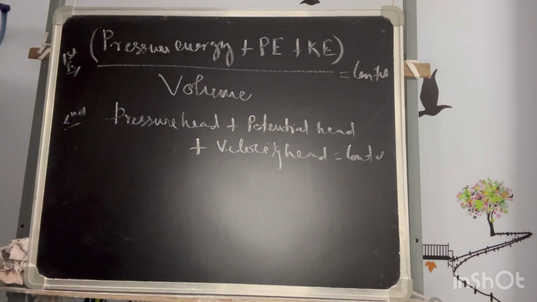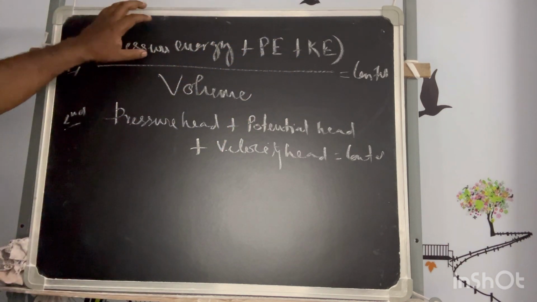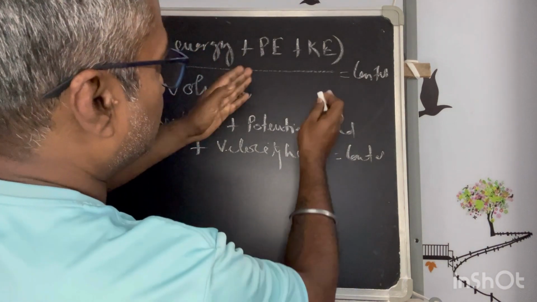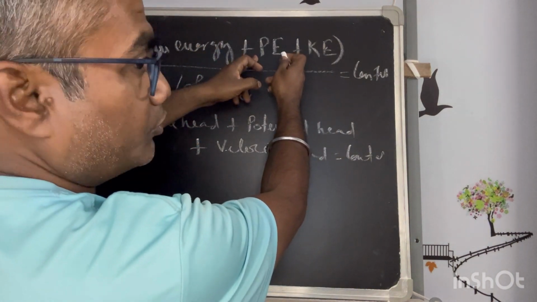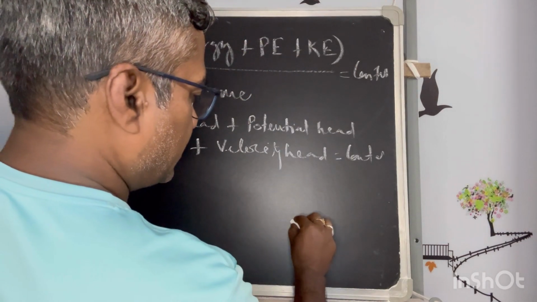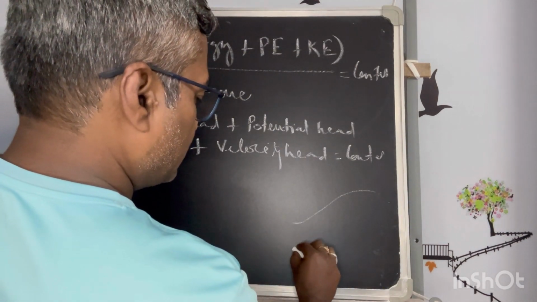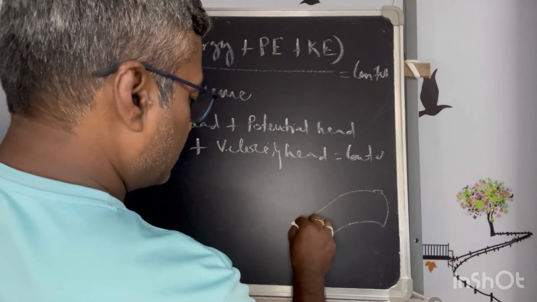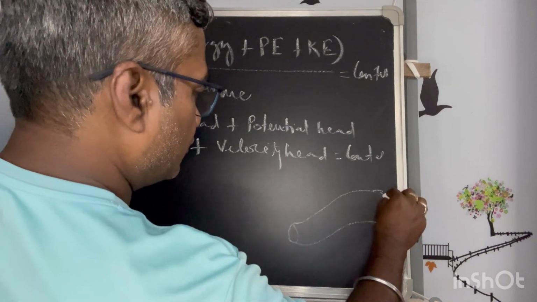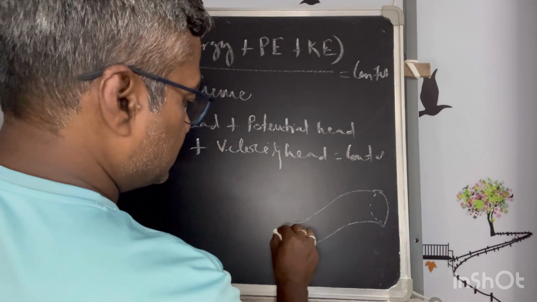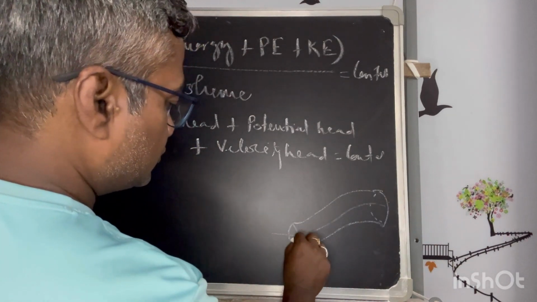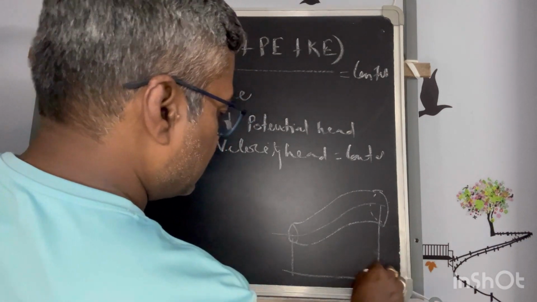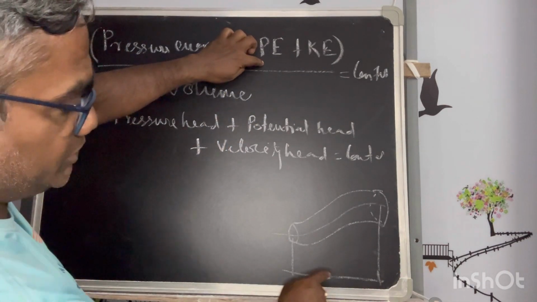So pressure energy is the energy equivalent to the potential energy, whereas for that arrangement where we are having flow through this kind of thing, the center of mass, the height from a reference, is counted as potential energy.